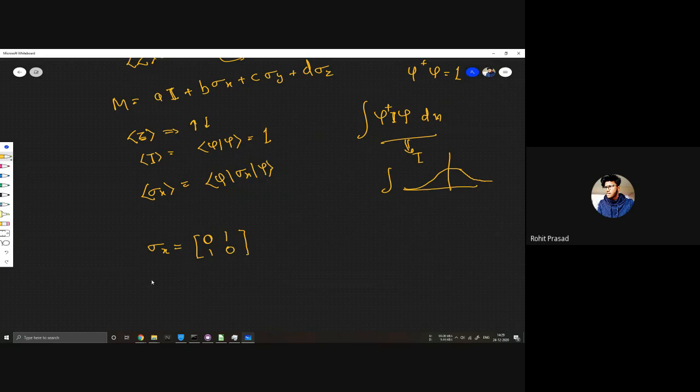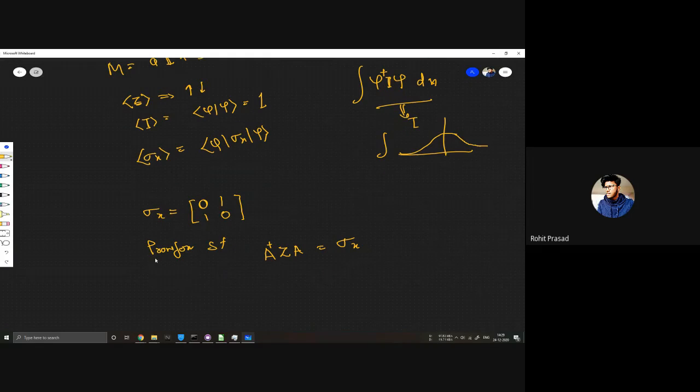If we find a transformation such that a matrix A dagger into Z into A is equal to sigma x, then we can write sigma x expectation as psi A dagger Z A psi.